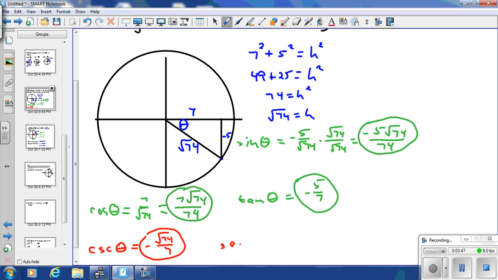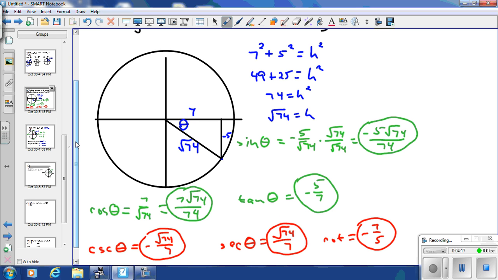The secant of the angle, that's the inverse of cosine. So if I invert this, I get the square root of 74 over 7. I'm all done. And the cotangent is the inverse of this guy, the reciprocal, so I'm going to have -7/5.